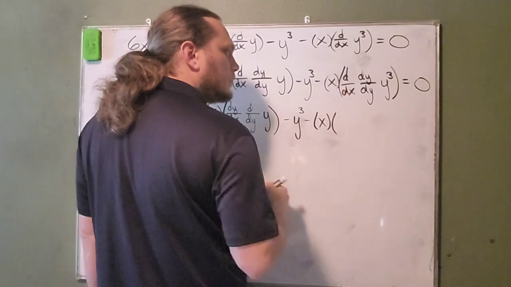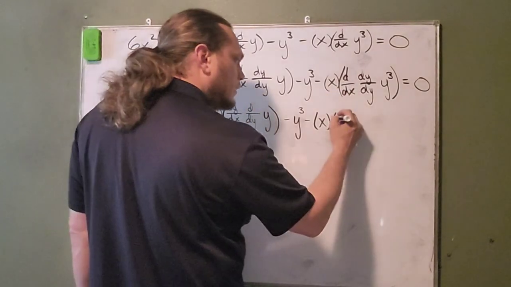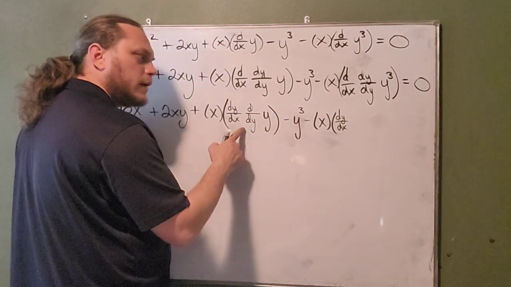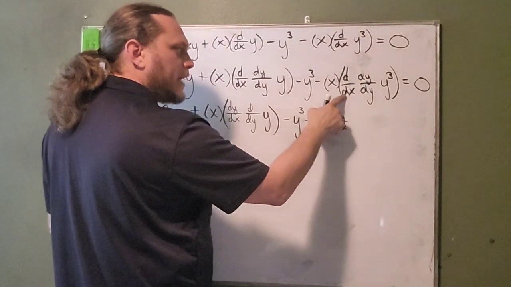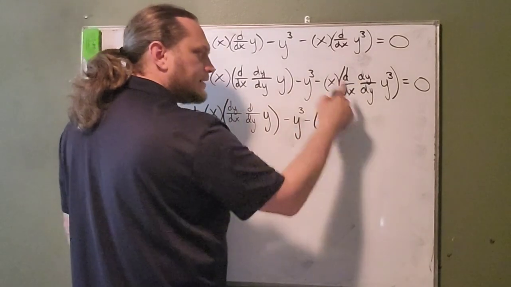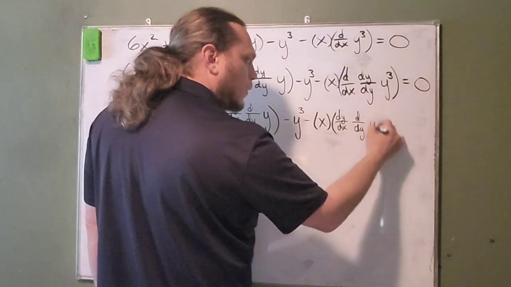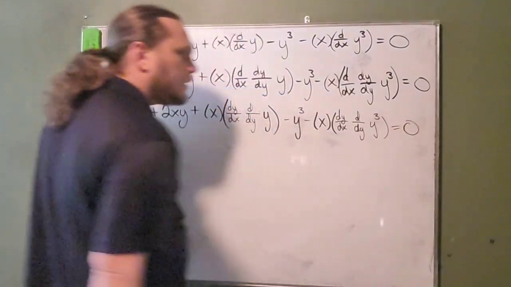And here again, we're gonna switch the numerators by the property of commutativity. So I write dy dx, just like I did here, okay? That dy right there, and that dx goes right there. Then that d is in the next spot, d dy. And that is y cubed. Close those parentheses. And remember, the whole thing equals 0.